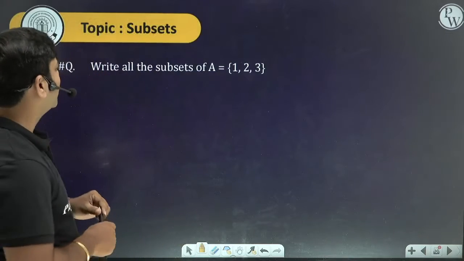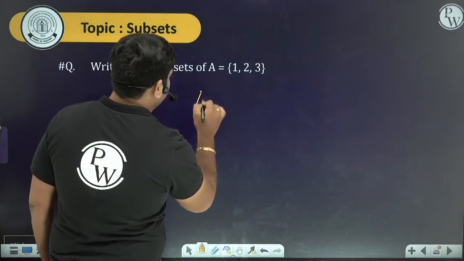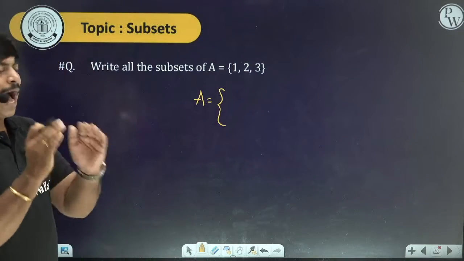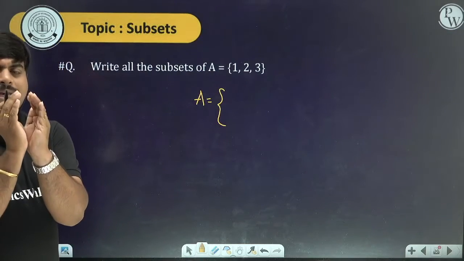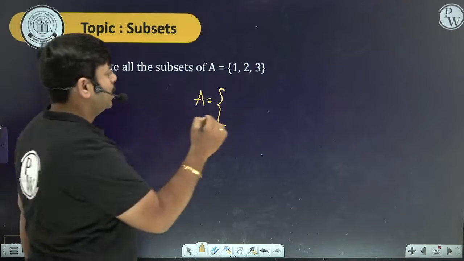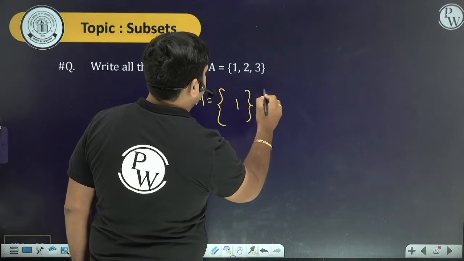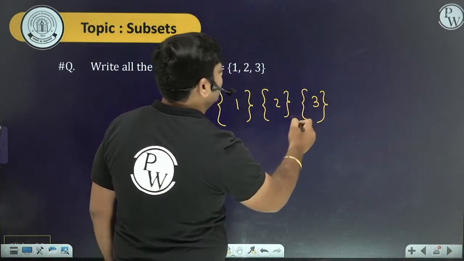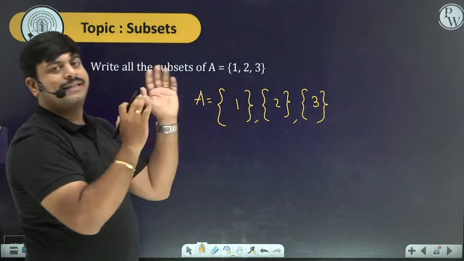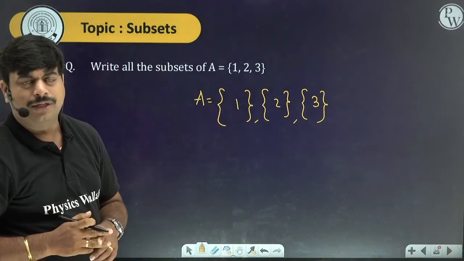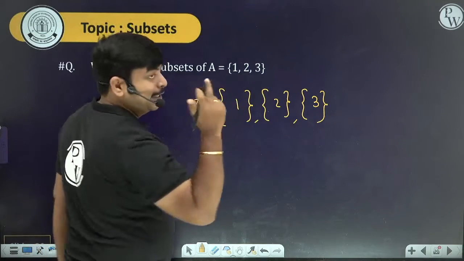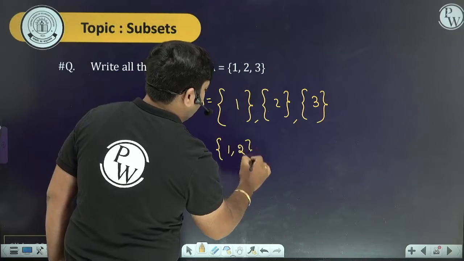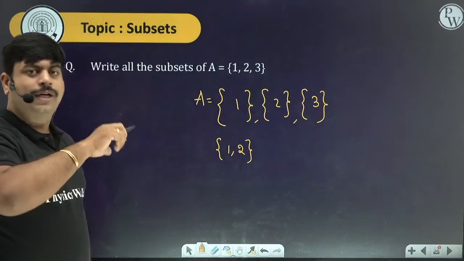Okay, right. So A is equal to {1, 2, 3}. I will first list down only sets of 1 element each. So set {1}, set {2}, and set {3}. These are 3 small sets inside that big set. Are you understanding? Next, I'm now taking 2 elements together. {1, 2} is again a small part of that.